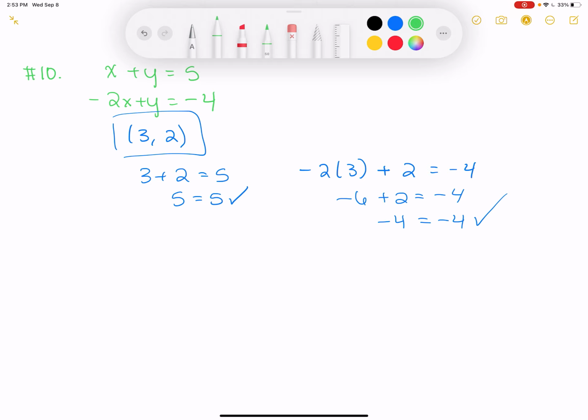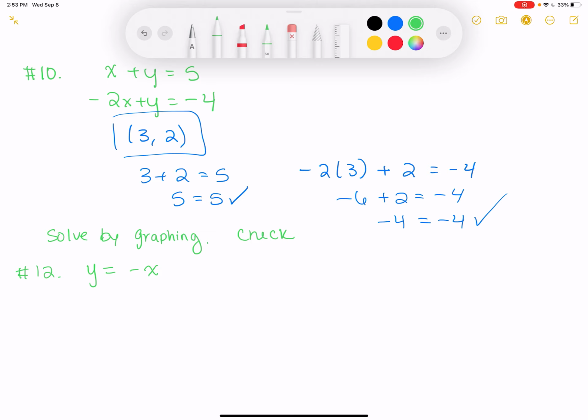So we have to solve by graphing, and then it says to check, so we're going to do that. I'm going to start with number 12, and we'll work through the even ones tomorrow. It's already in y equals mx plus b form, which is nice.